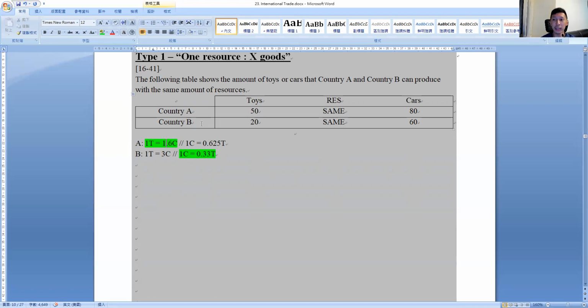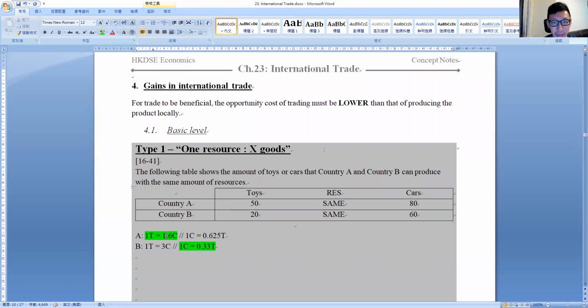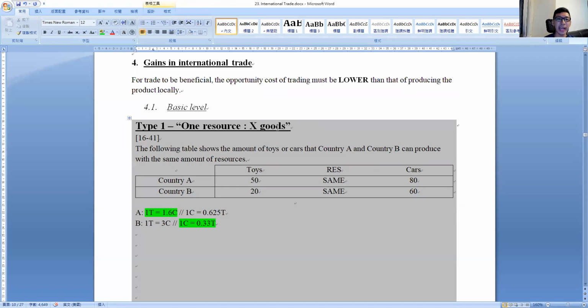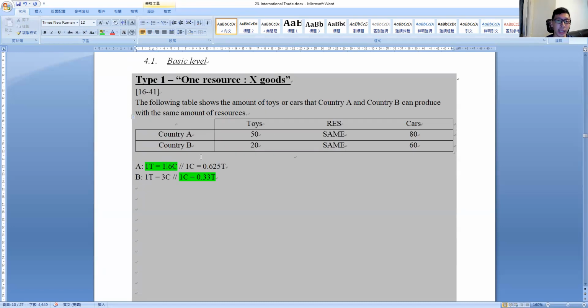This is the point we were up to in our last video. Now, what happens to the gain in trade? Whether there is a gain in trade, we need to look at something we call the terms of trade, the actual terms on which the business is done.